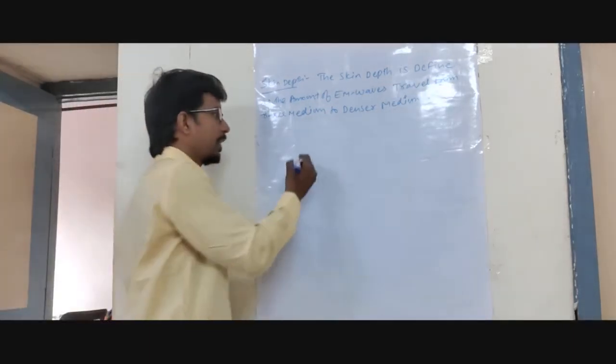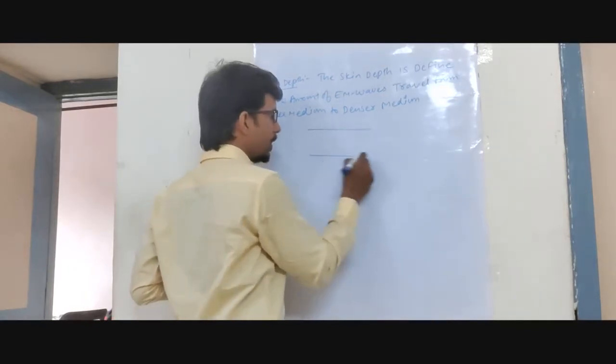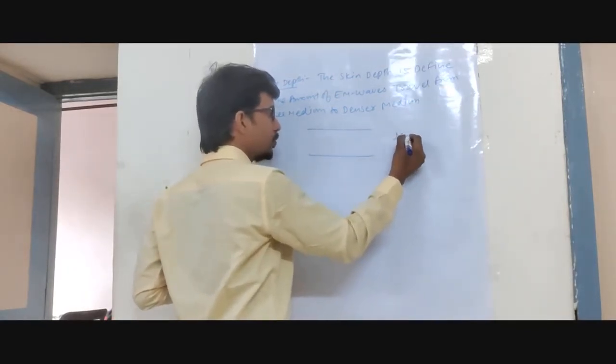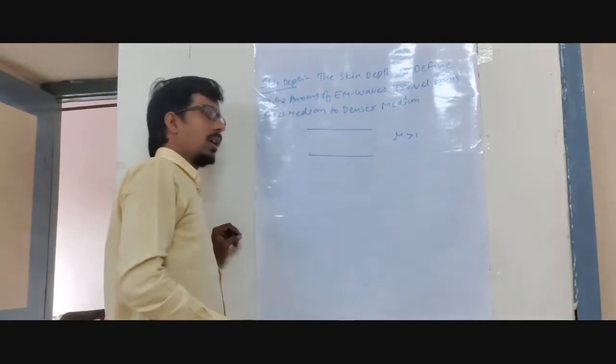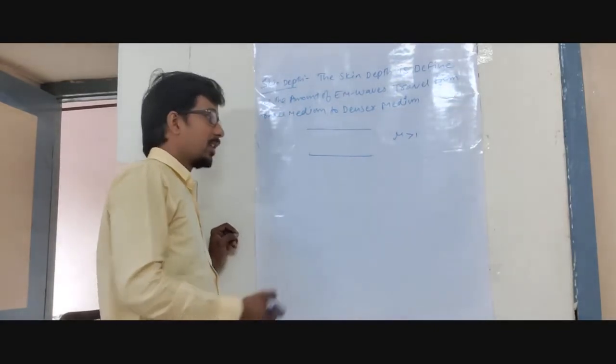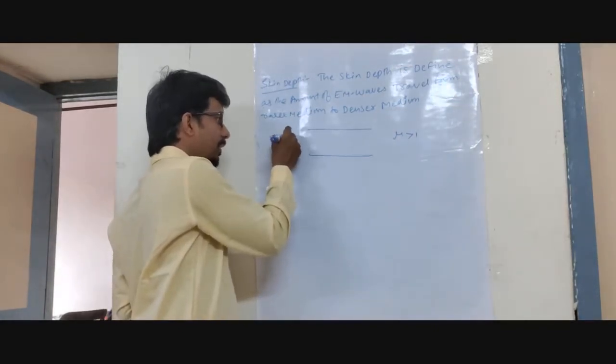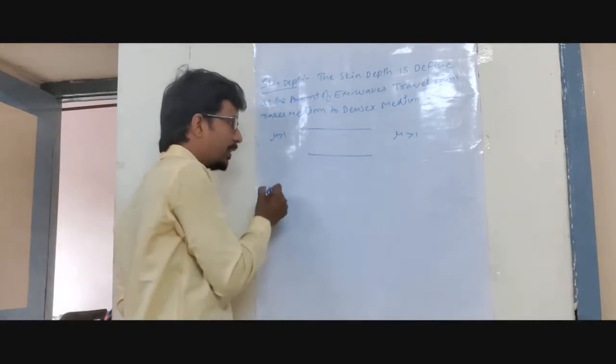So rarer medium and denser medium we just discussed. Like that, we have the critical angle, and mu should be greater than 1. Understood?